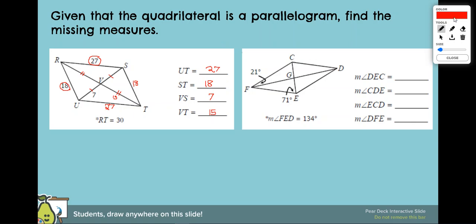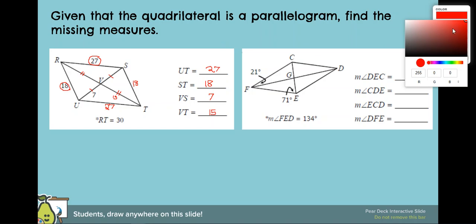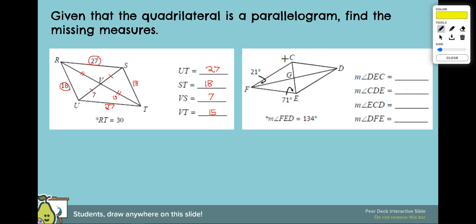Angle measures are going to be working in a very similar fashion. So remember how we said that the opposite sides are parallel. We can use that and the diagonals to form a transversal.